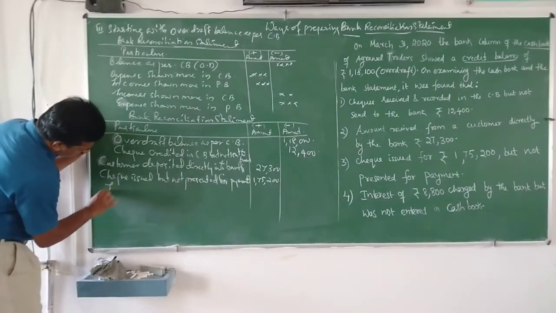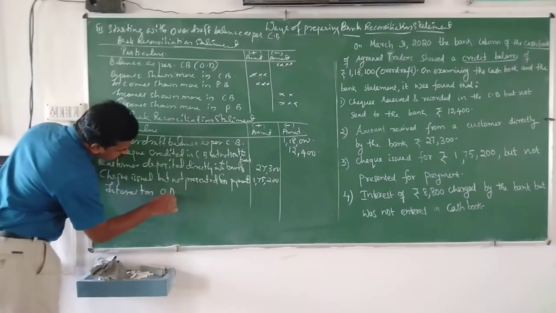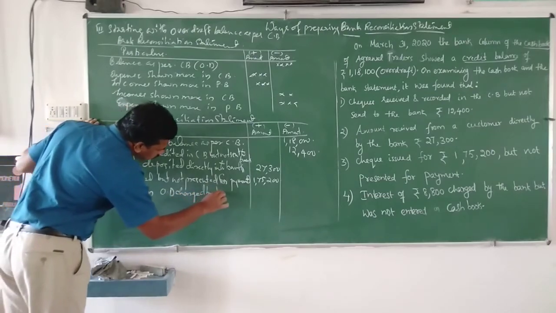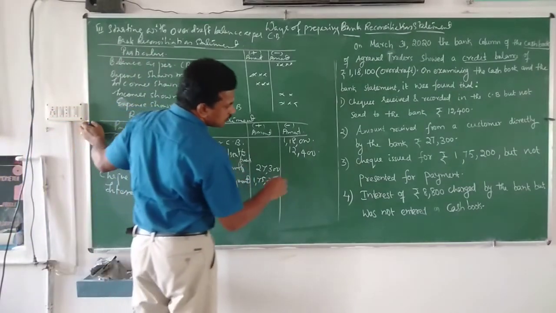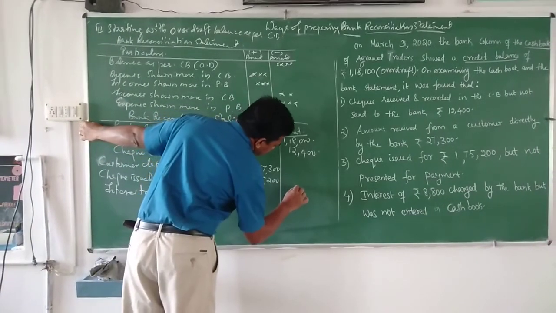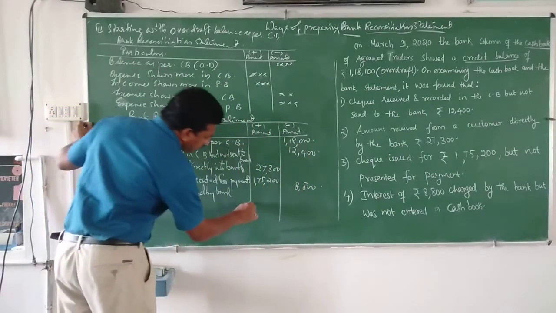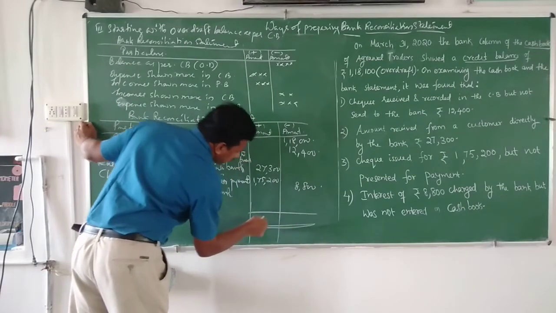So interest on overdraft charged by bank. How much? 8,800. So here debit and plus amount column is more.